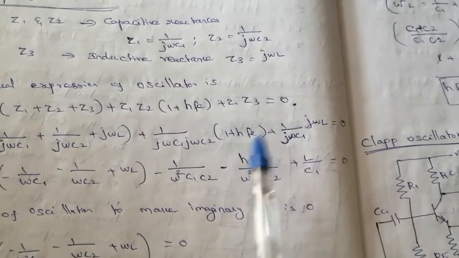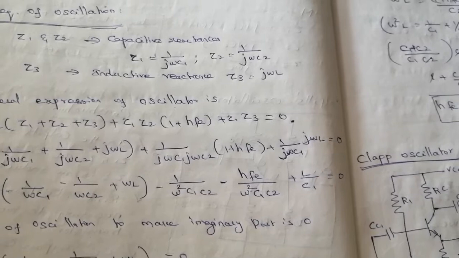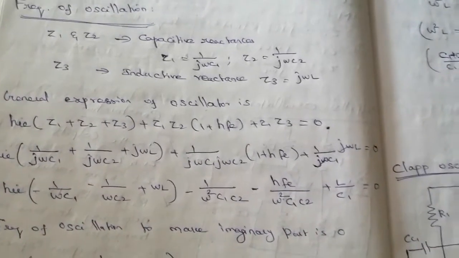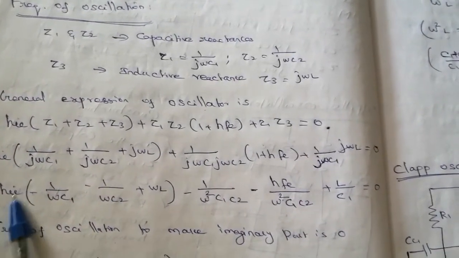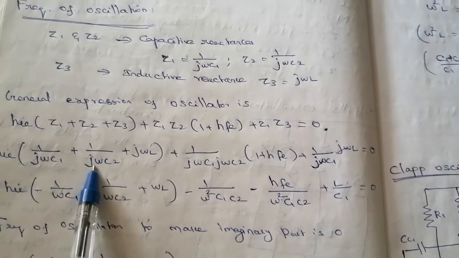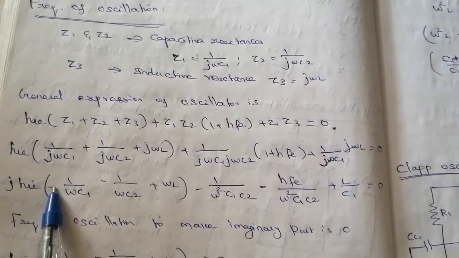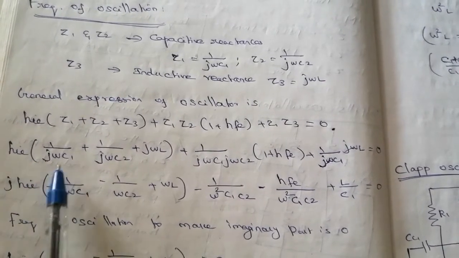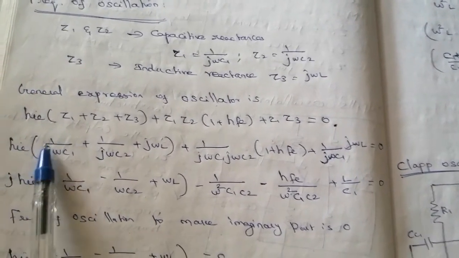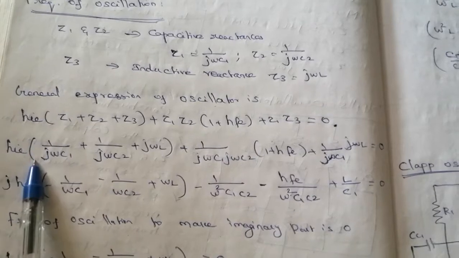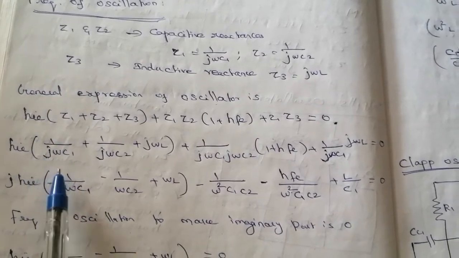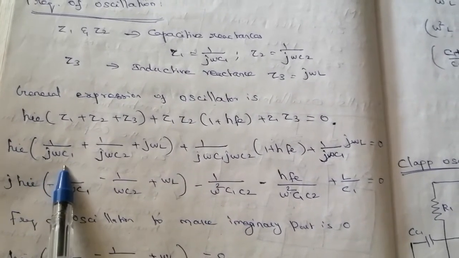The j omega terms cancel. This simplification is similar to Hartley. Here we can commonly take j squared, so j squared equals minus 1, and 1 by j can be written as minus j in the numerator.